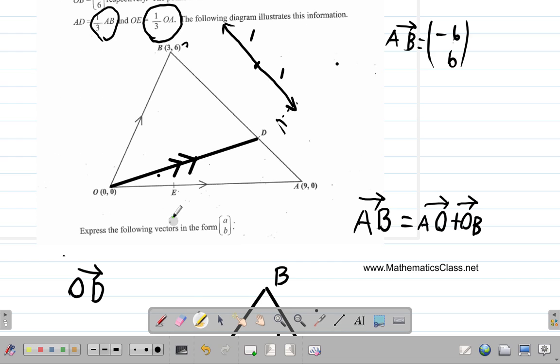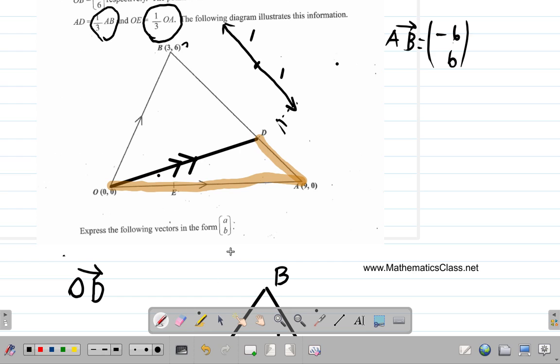Remember now, OD goes from here to here. That is OD. You could end up at D starting from O by going this way, then turning and going this way.